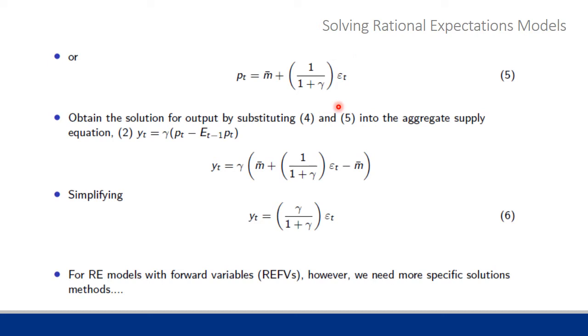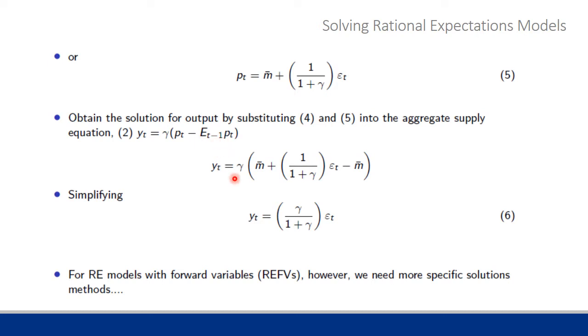Now to find the solution for output, we can substitute equation 5 into equation 2, which is our aggregate supply curve, to get equilibrium output. So the equilibrium output will be gamma times PT, which will be replaced by this right hand side here, and the expectation minus the expectation of PT.